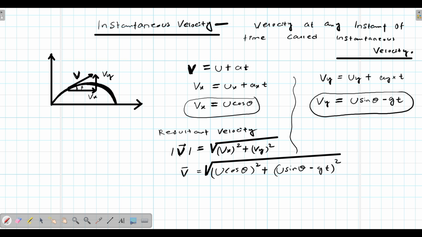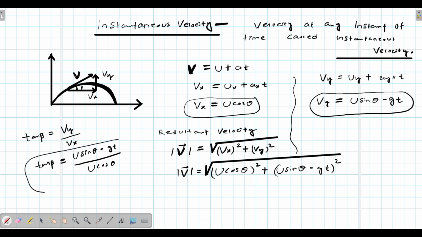V equals square root of Vx square plus Vy square. Tan beta equals how much? Tan beta equals Vy divided by Vx. Vy is u sin theta minus gt, and Vx is u cos theta. That is tan beta equals u sin theta minus gt divided by u cos theta.